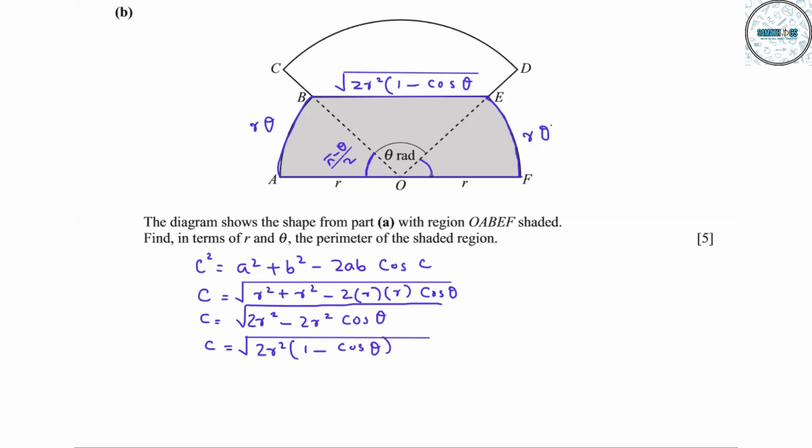This is also pi minus theta divided by 2, because we will subtract this theta from pi and divide it into two parts, as these both sectors are of the same size. They have the same radius and these angles will also be the same. Now we can take out the perimeter.